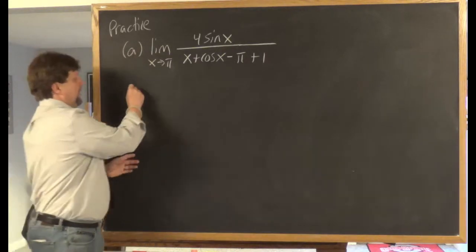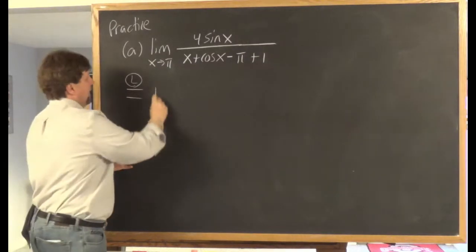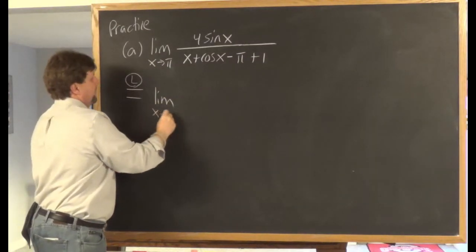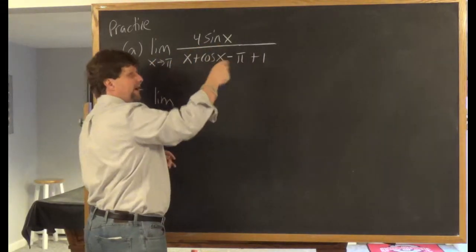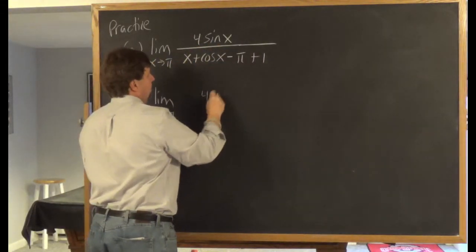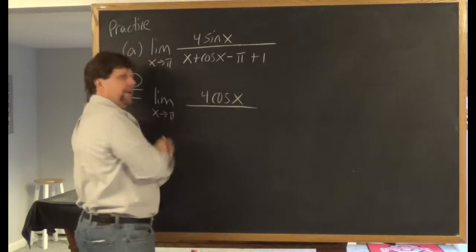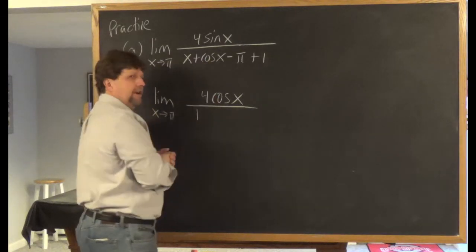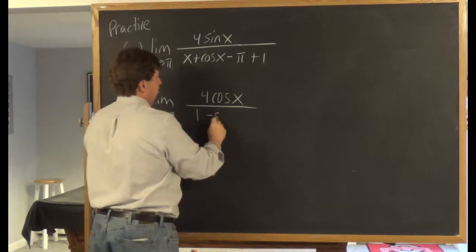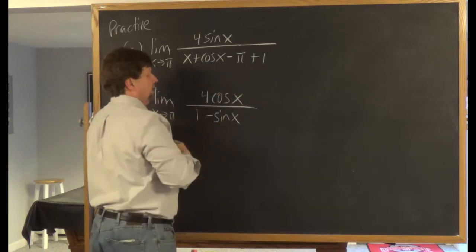0 over 0 is a candidate for L'Hopital's rule. So let's crank it through. Remember, it's the derivative of the numerator: the derivative of 4 sine x is 4 cosine x, over the derivative of the denominator. The derivative of x is 1, the derivative of cosine is negative sine, the derivative of pi is 0, and the derivative of 1 is 0.